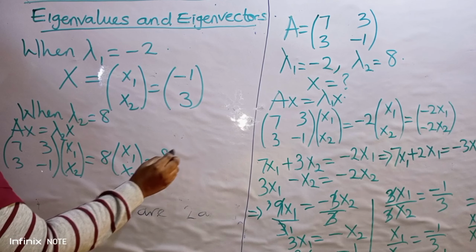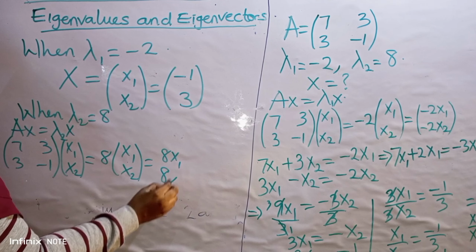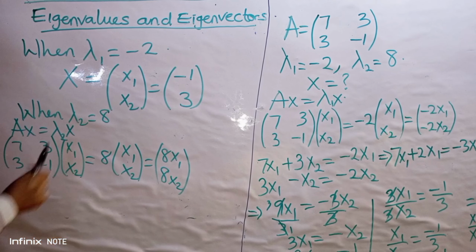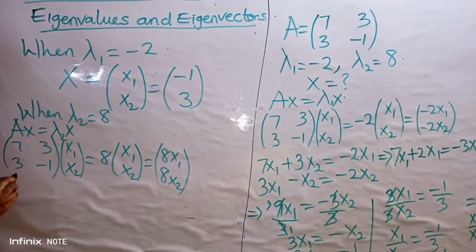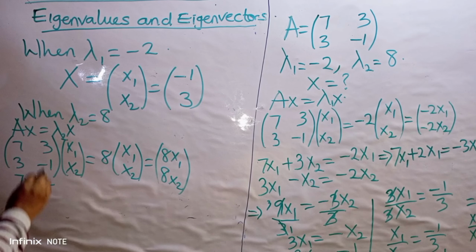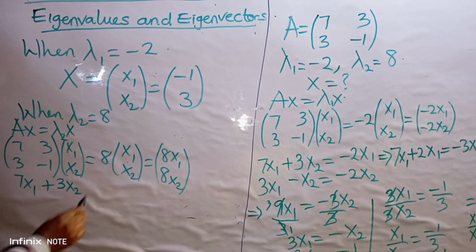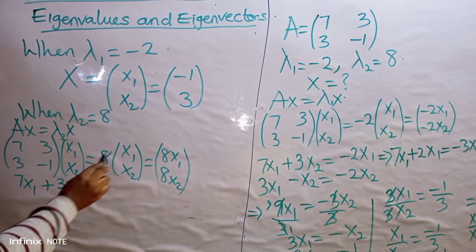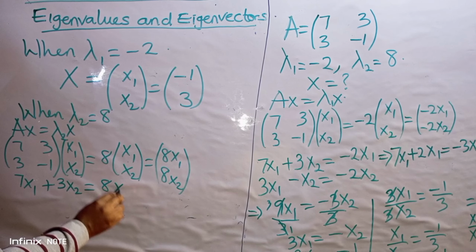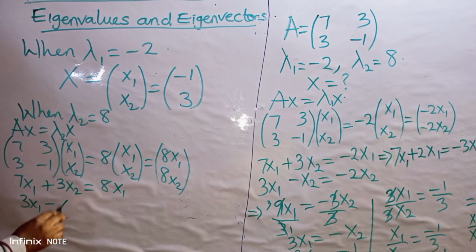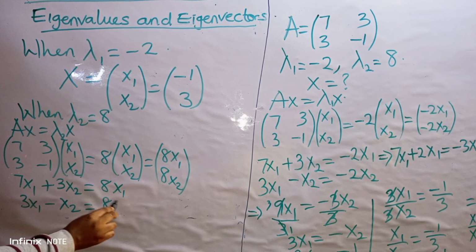So this will be 8x1, 8x2. So let's multiply. 7 multiplied by x1 will be 7x1 plus 3 multiplied by x2, that will be 3x2, is equal to 8x1. I also have 3x1 minus x2 is equal to 8x2.